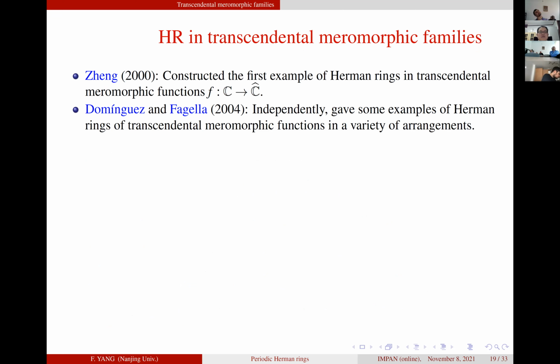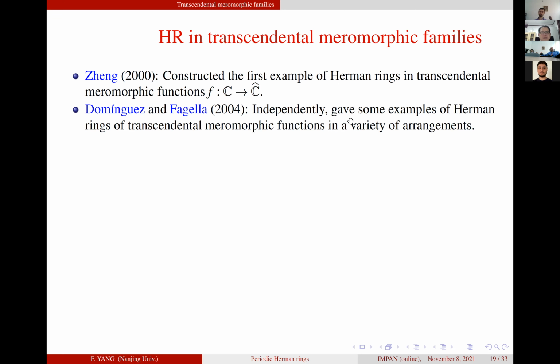He also used quasi-conformal surgery, from a transcendental function with a Siegel disk to perform surgery to obtain meromorphic functions that have Herman rings. Then Dominguez and Vagina independently gave some examples of Herman rings of transcendental meromorphic functions, in a variety of arrangements.